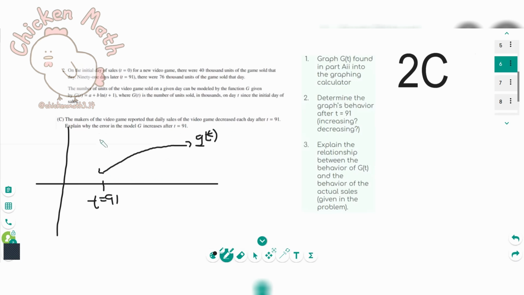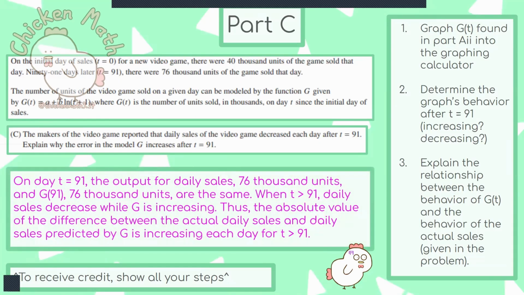So if we look from, let's just say, here to here, as this keeps decreasing and as this keeps increasing, the difference is going to get larger and larger. So that's basically what's going on here. You want to explain this relationship in the answer, and it's important to note that to start off, G of 91 and what we're given are equal, but then from there, we start diverging.